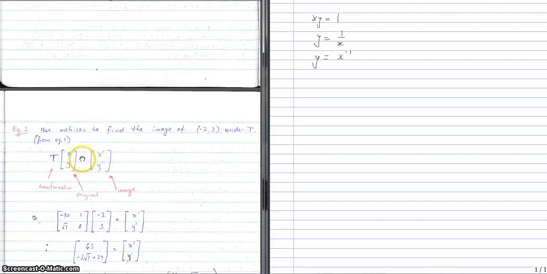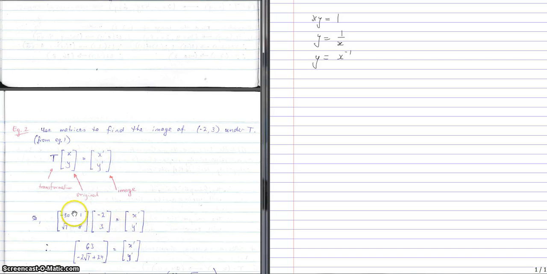And that then becomes our image, also written as a 2 by 1 matrix, x prime, y prime. So our transformation T as a matrix is [negative 30, 1; root 7, 8], multiplied by our original point, negative 2, 3. It's always x on top, y on the bottom. And that then becomes our image point, x prime, y prime.